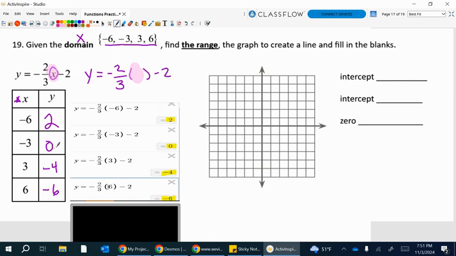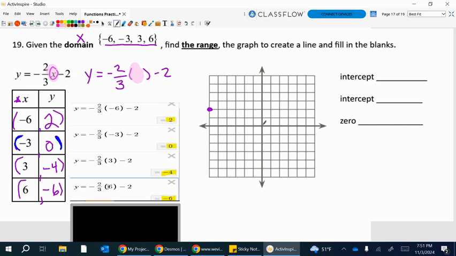Okay, so now we're going to go ahead and put these points on the graph. Each pair is the same as an ordered pair. So the first point I'm going to put on is negative 6, positive 2. So 1, 2, 3, 4, 5, 6, 1, 2. That's my first point, and I'll just change the color. So I'll do blue for the next one.